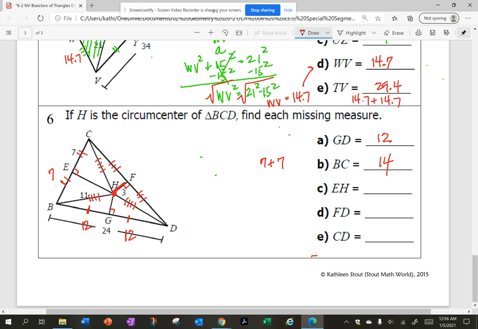I think it might be easier to redraw so we can see what we're looking at. So the hypotenuse here is 11 because this is 11 on this one. Okay, and those are congruent, so this is 7. So I'm trying to find E to H right here.